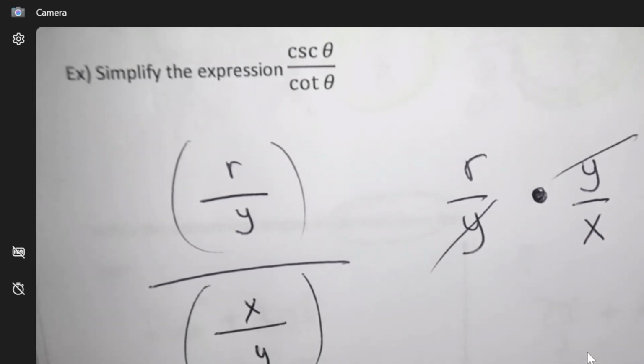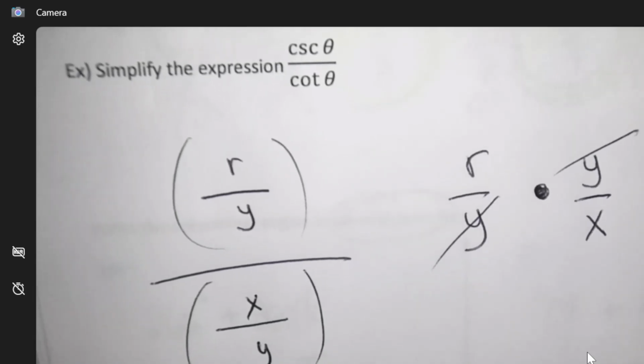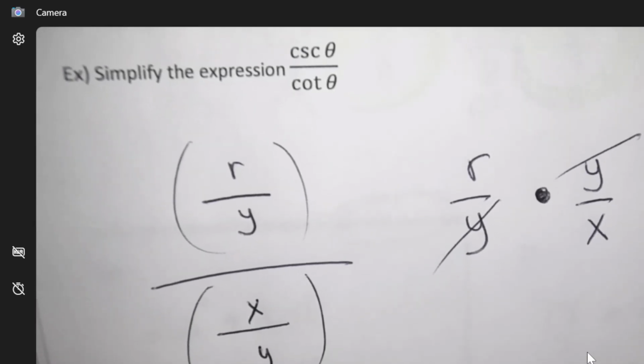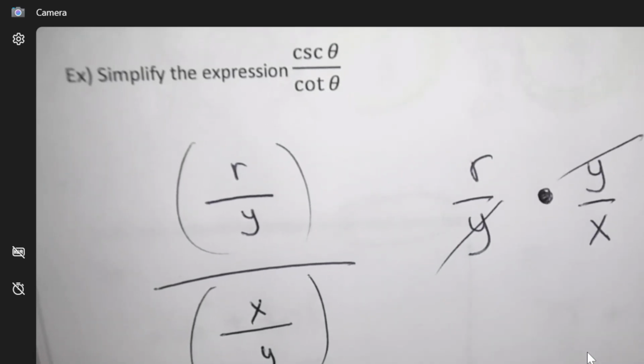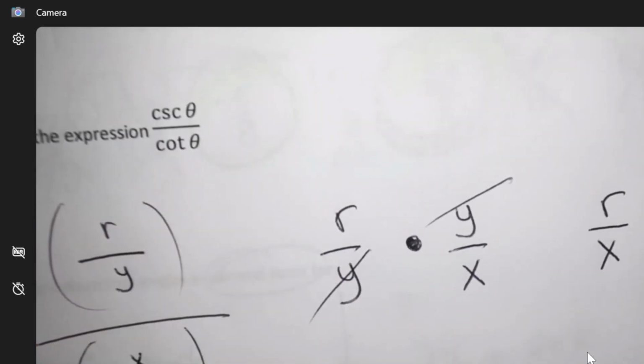Y top and bottom cancel. So now it is r over x, and does anybody know the name of that ratio? It's a flip of cosine, so it is the which one? Secant of theta. There you go. That's your answer.